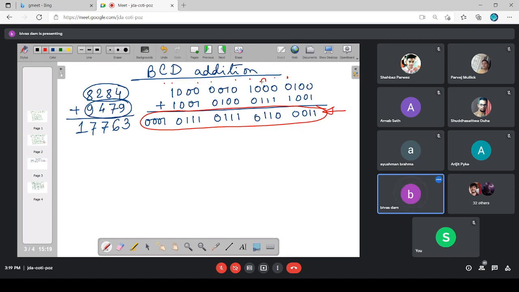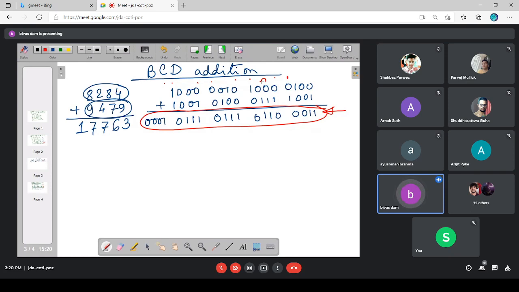Third step. Now check the result. Now check the result nibble by nibble. That means one nibble at a time. I'll be checking the result one nibble at a time, starting from the least significant nibble.